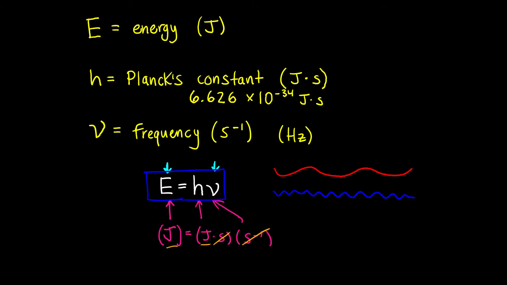Because blue light has a high frequency, it also has a high energy. Red light has a low frequency and therefore a low energy relative to blue. Using some algebra skills, you can combine the first equation with the second equation to relate, say, wavelength with energy, using simple substitution.